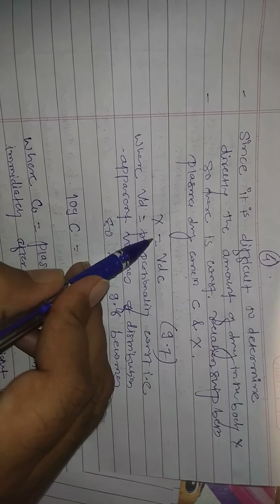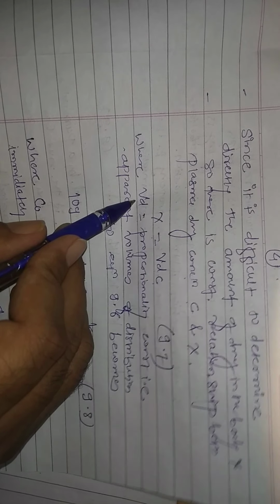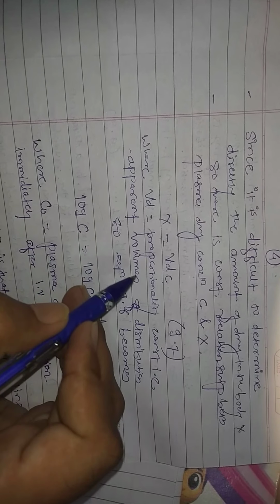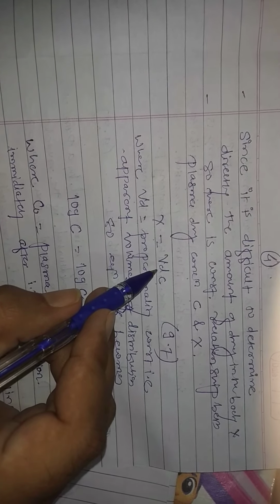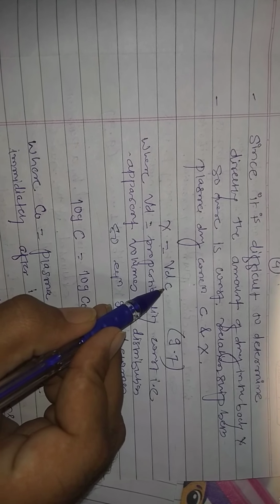So x is equal to Vd C, where Vd is the proportionality constant, that is the apparent volume of distribution. It indicates what amount of drug is distributed into the different biological fluids or organs present in the body, and a concentration C.